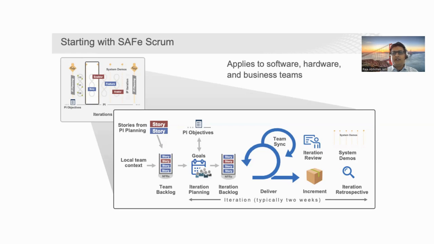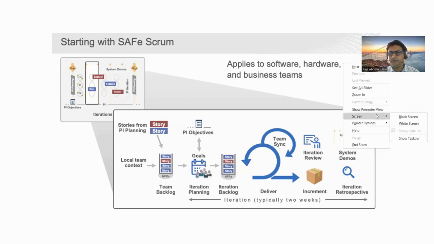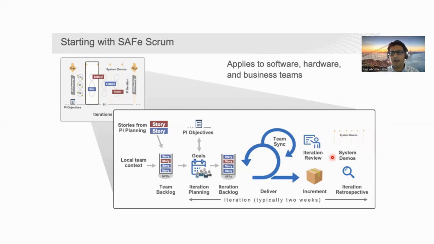Before starting system demo, let's review what is iteration review or sprint review. So here we are, iteration review. As you can see, the iteration review or sprint review is nothing but the same thing.